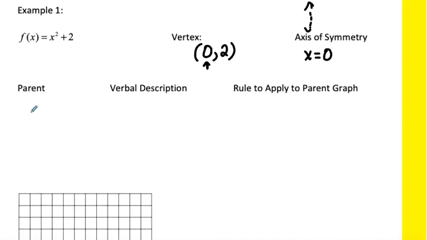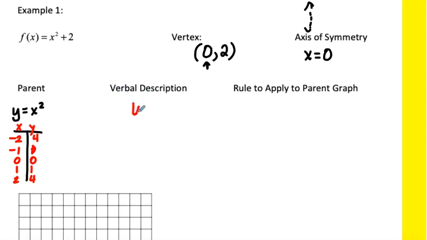All right. Our parent graph, if we're going to use translations to graph, will always be y equals x squared. And I want to think carefully about the points that I would graph on that. So remember, we graphed x values of -2, -1, 0, 1, and 2. And the y's that would come out would be 4, 1, 0, 1, and 4. So what's the verbal description of what's happening to this graph?